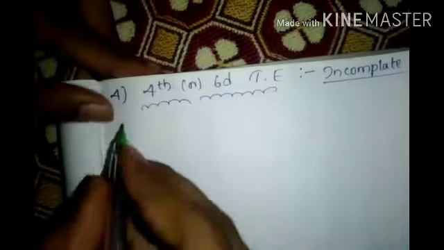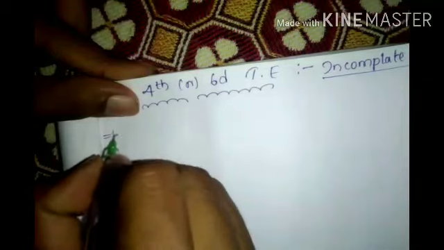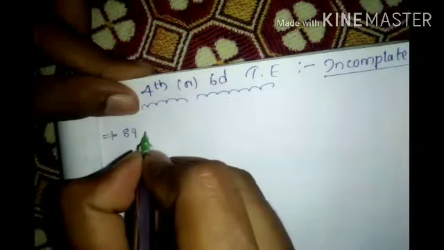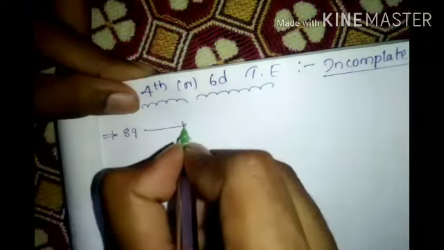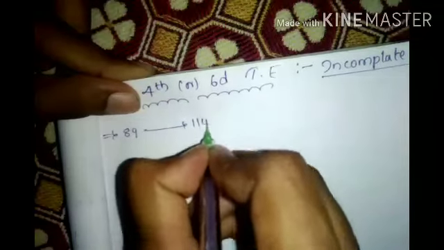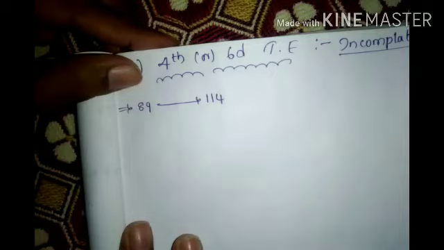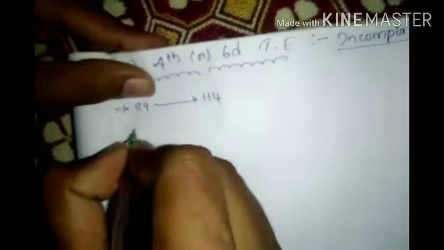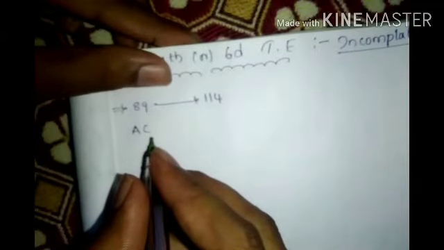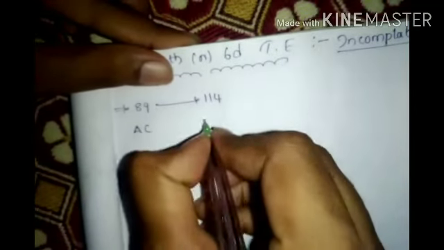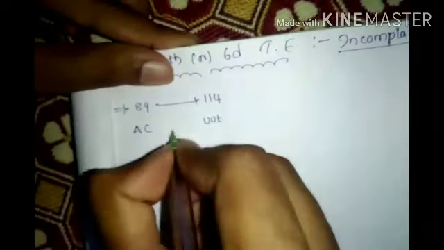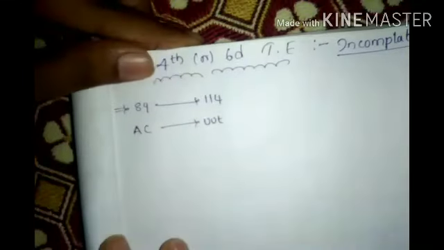Fourth, it is very interesting because of 89 to 114: actinium to ununquadium.